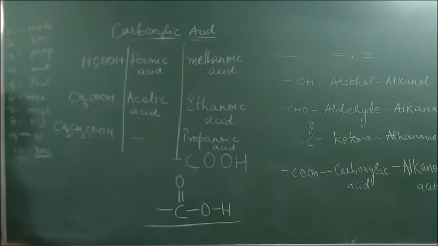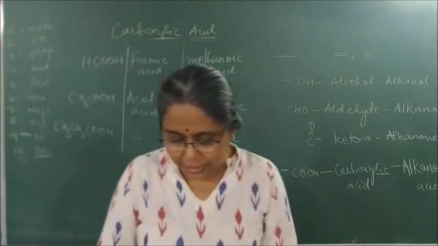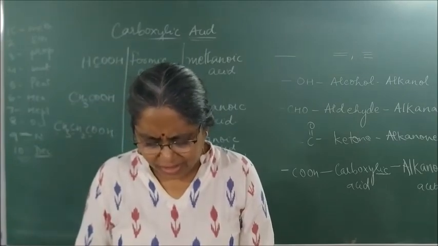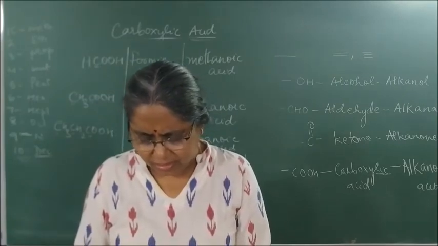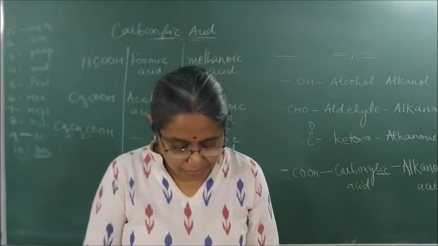Learn till here, that is enough because you don't have more for your exams. So you should know how to name an acid and its functional group. Clear? Now the last of the functional groups in your table, please take out the table on page number 68.